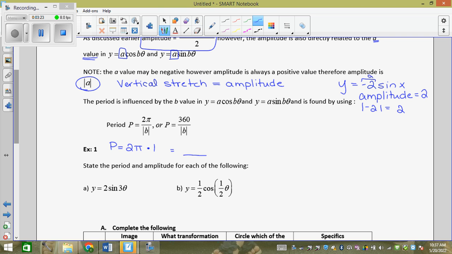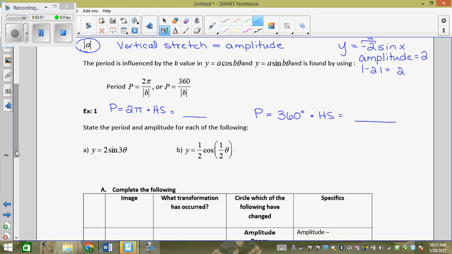Yeah. If I multiply by the horizontal stretch, I'll get the new period. Or if it was 360, and I multiplied it by the horizontal stretch, I would get the new period. Because if the horizontal stretch is 1/2, and my original is 360, my period is now going to be 180, right? If the horizontal stretch is 1/2, it shrinks it. If the horizontal stretch is 2, it'll double it. Or you can use dividing by b values, but that just gets all confusing. So I do it this way.